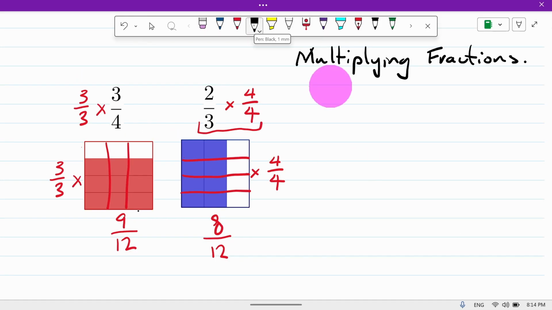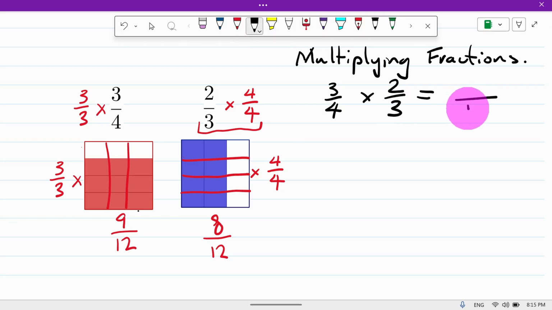Multiplying fractions, 3/4 times 2/3. Now, we have different denominators here, but the process of multiplying fractions is to multiply the denominators, which is 4 times 3 is 12, and the numerators, 3 times 2 is 6.